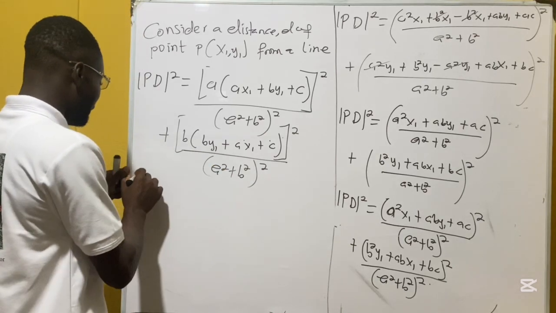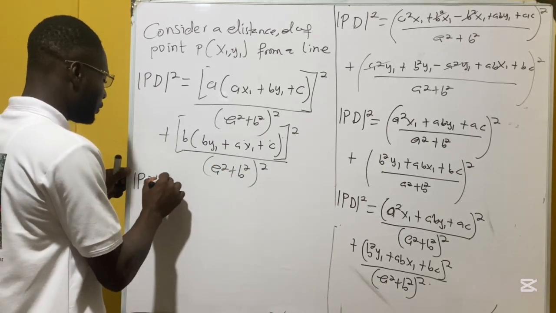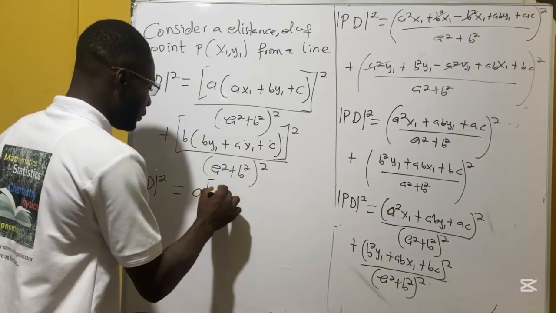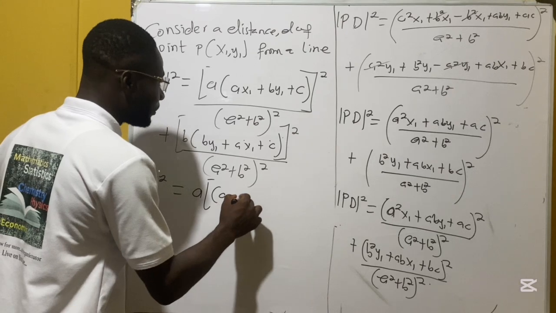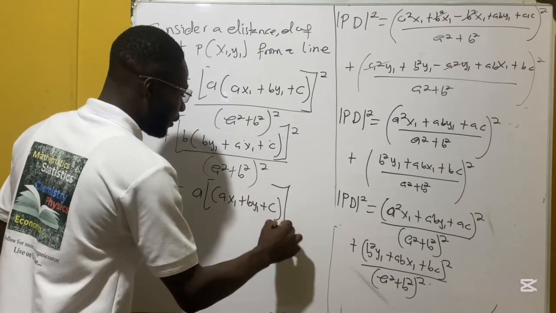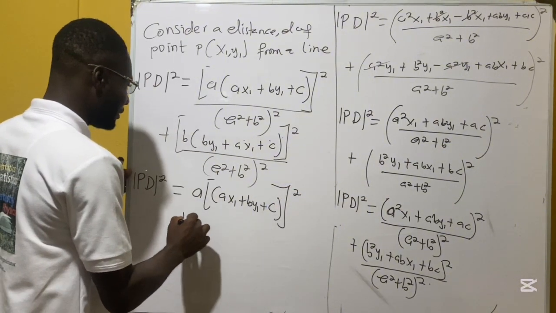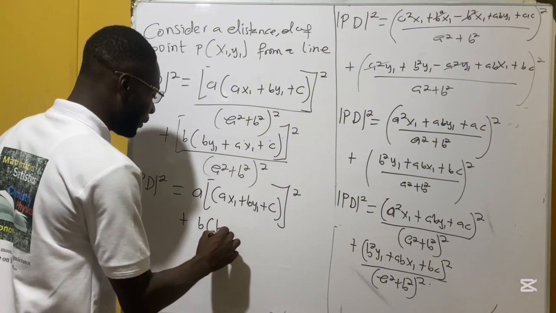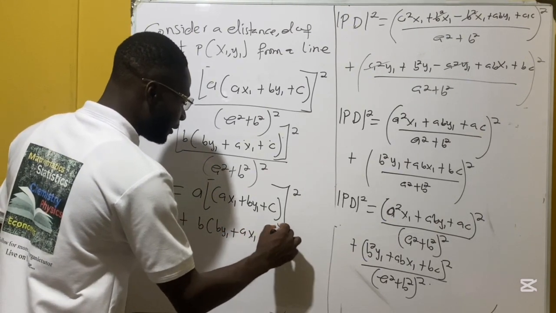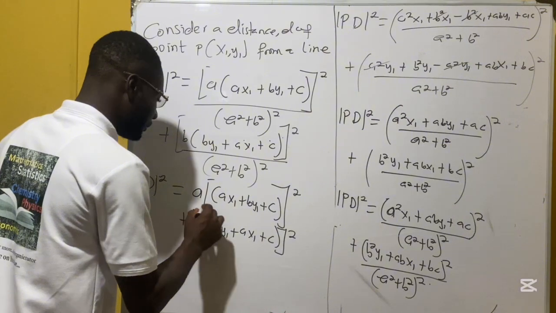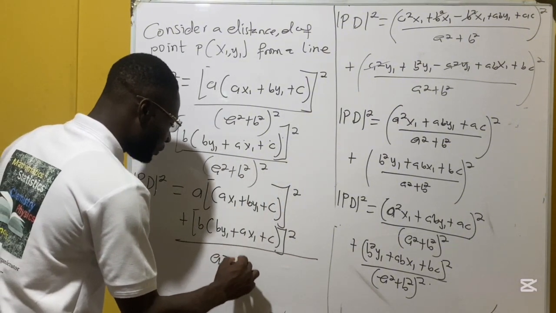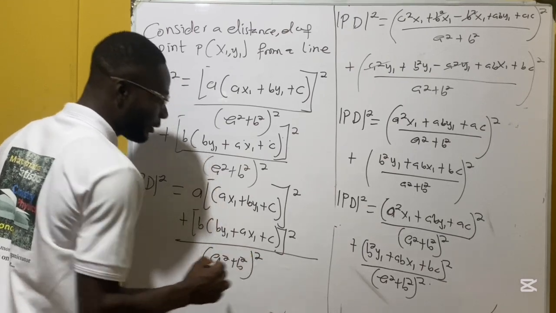So we're going to have PD all squared equals A into A x1 plus B y1 plus C, all squared, plus B into B y1 plus A x1 plus C, all squared, all over A squared plus B squared, all squared, right?